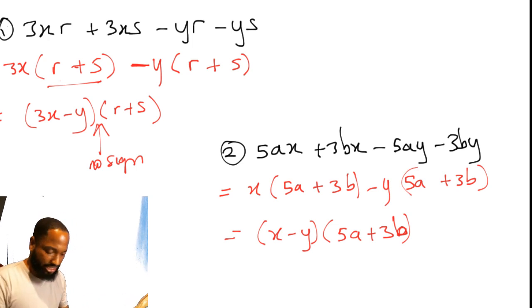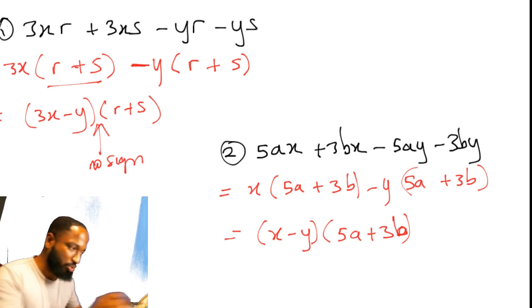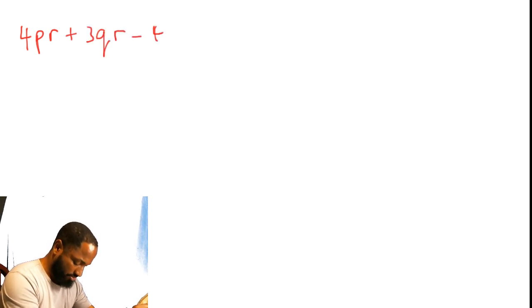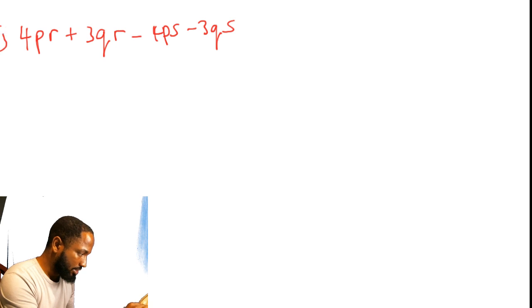Right, so people are getting this thing out. I'll do two more. 4pr plus 3qr minus 4ps minus 3qs. So that's one.